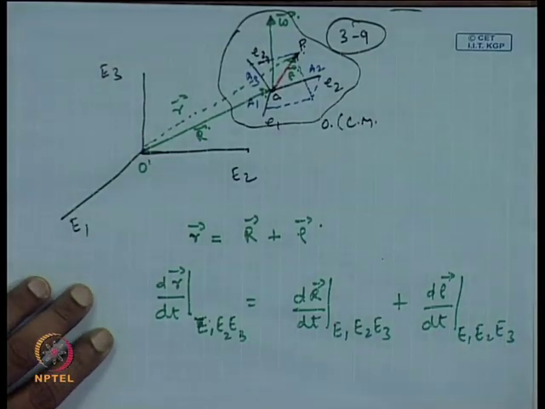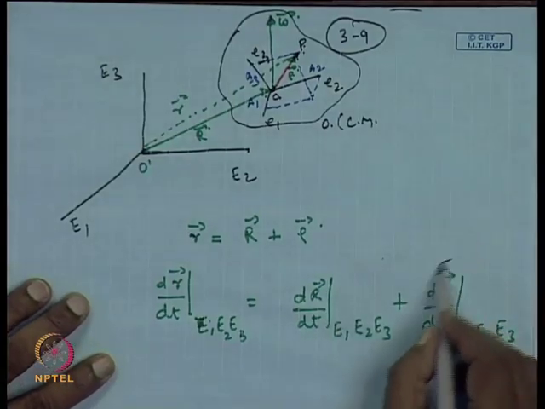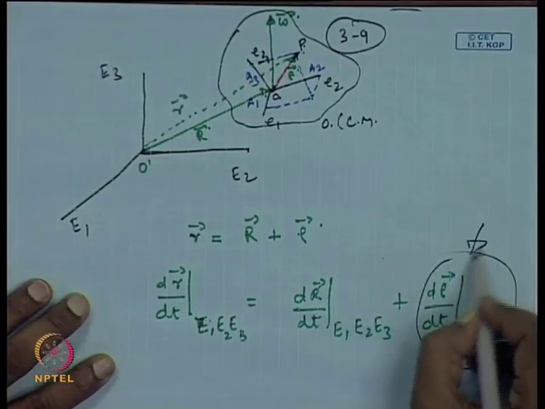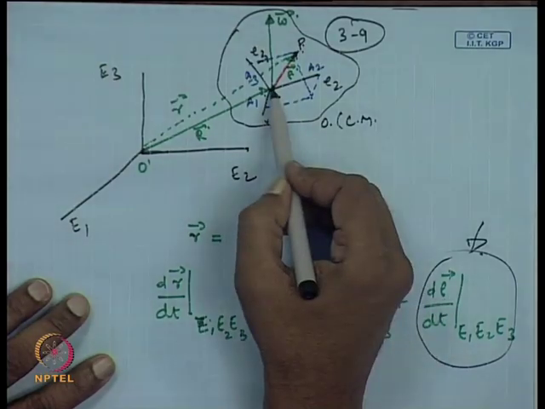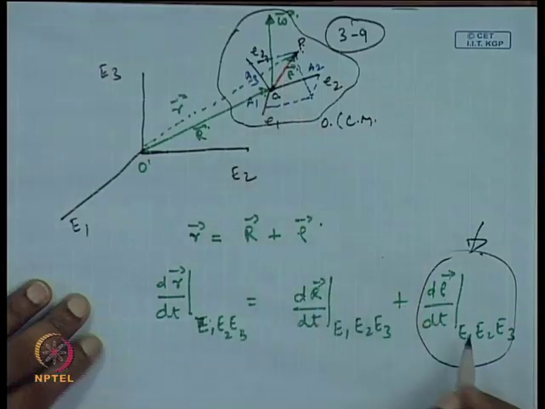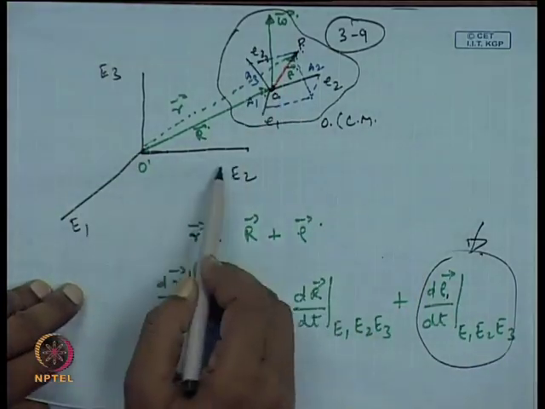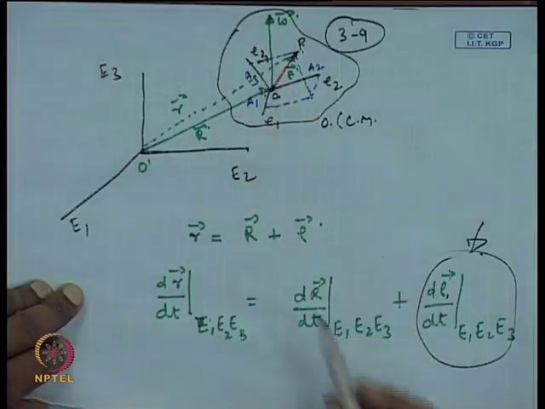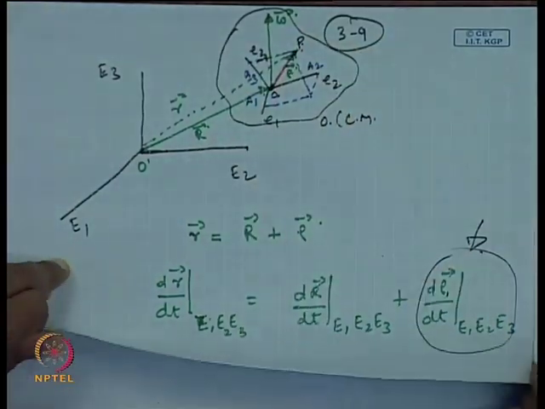Now, whatever conclusion we made in the last part applies here. This is a vector referred from this point to this point in the rigid body. This vector can be expressed either in the components of E1, E2, E3 or in the body components, but here we will describe this vector in terms of the body components.